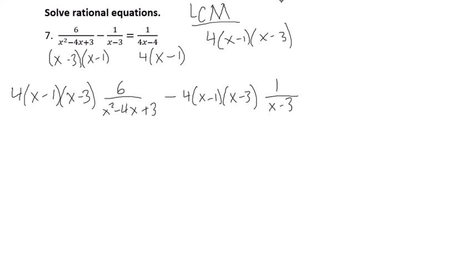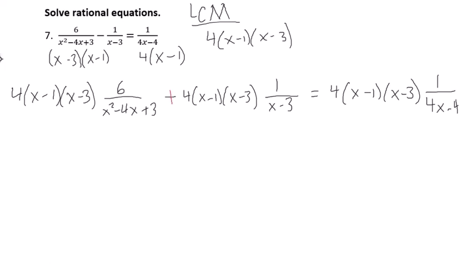X minus 3 on bottom equals LCM with a 1 on top. This problem, because it puts the 1 on top, makes it a little easier mathematically. So now let's start canceling.